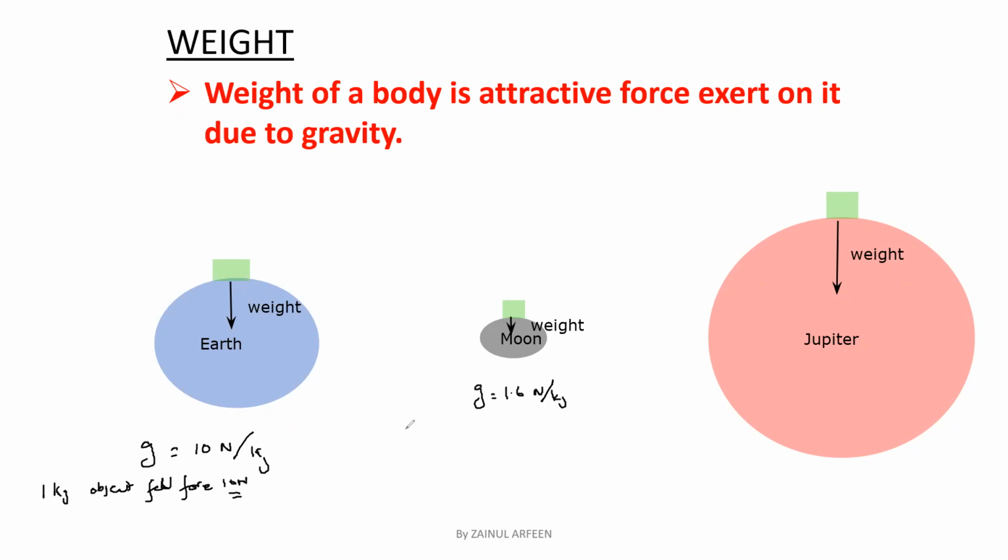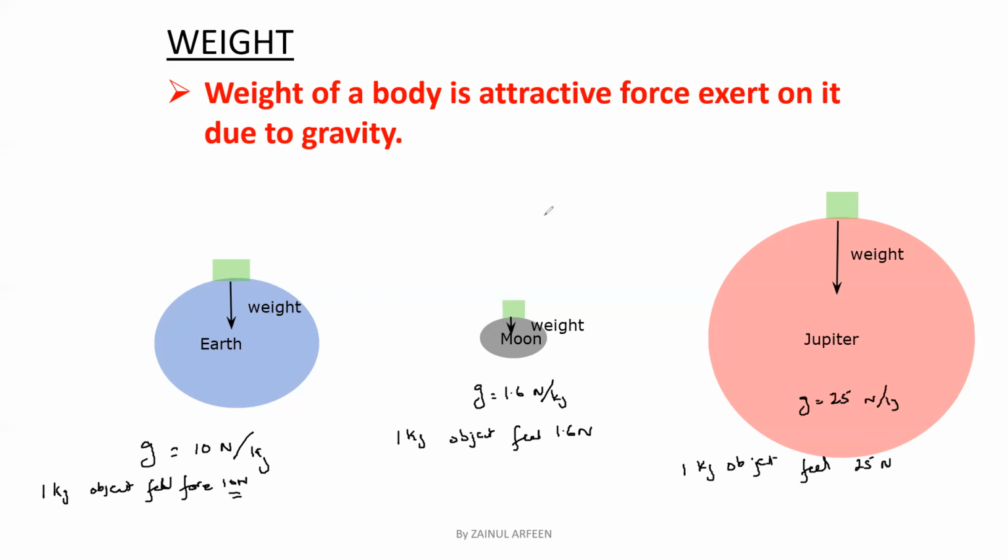It means a 1 kilogram object on the Moon will feel a force of 1.6 Newton. And the gravity of Jupiter is 25 Newton per kilogram. It means a 1 kilogram object will feel 25 Newton on the surface of Jupiter.